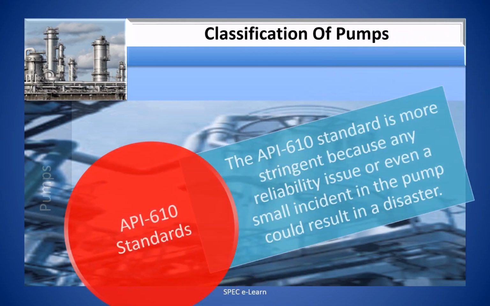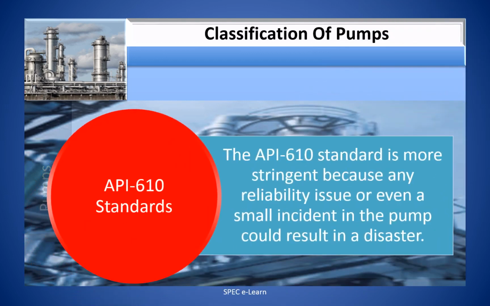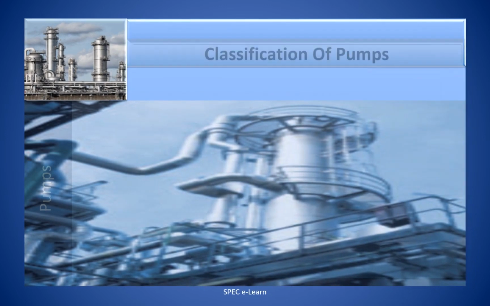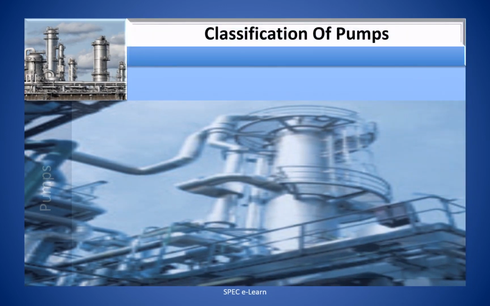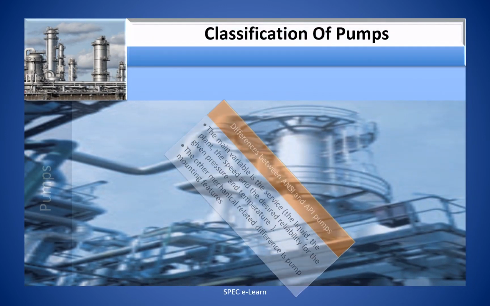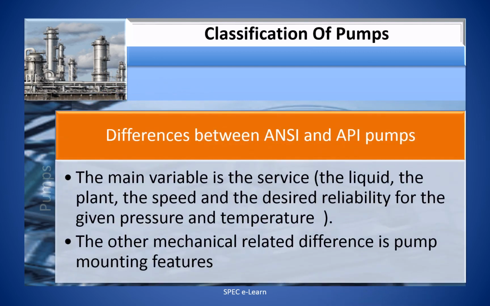The API 610 standard is most stringent because any reliability issue or even a small incident in the pump could result in a disaster. The differences between ANSI and API pumps can be summed up as below.